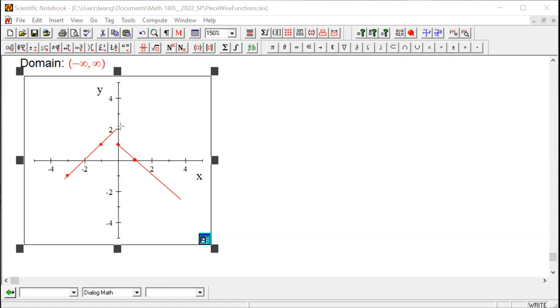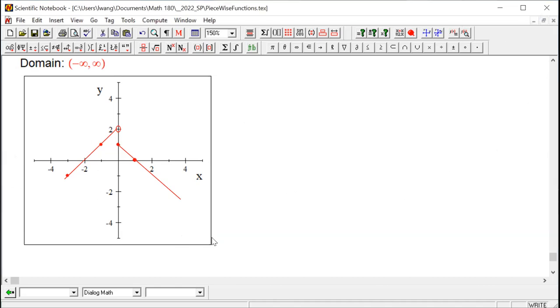But what shall we do with this point? We want to tell the reader that it's not including this point, and we should put a circle here. So at 0, 2, we should put a circle. That will be the complete picture if you graph it by hand.